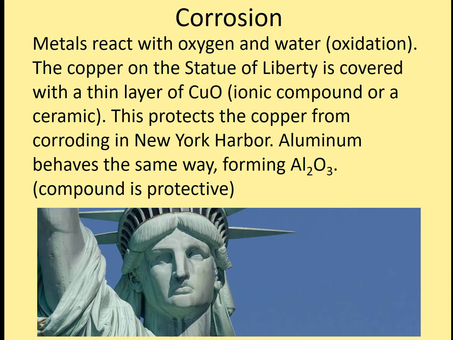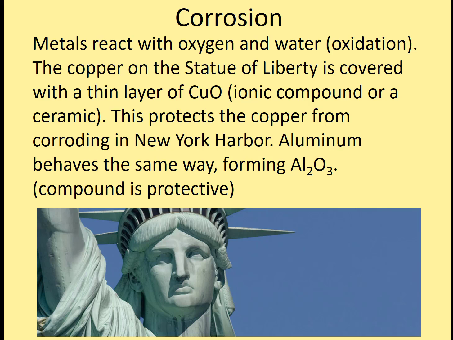Aluminum, like an aluminum foil, behaves the same way. When you actually pull out a sheet of aluminum, you're really looking at aluminum oxide. And that's because aluminum is very reactive and it will react with the oxygen around it. If you ripped the piece of aluminum foil, that ripped edge would have some raw aluminum atoms there.